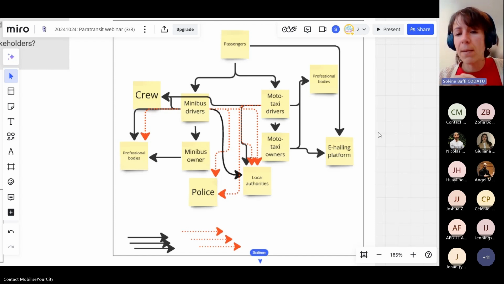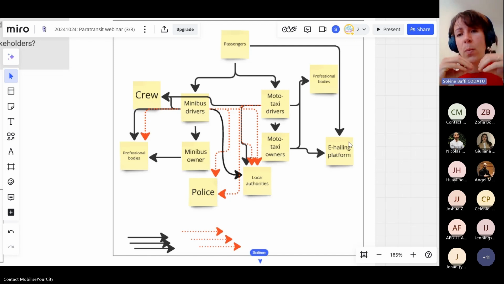And in a nutshell, we're being very schematic in the way we are representing those interactions this morning. This is just to give you an idea of the type of questions that can be asked when trying to understand how an ecosystem of actors is working. Before trying to address any issue in the paratransit sector, it's fundamental to understand who the key players are and what the connections between them are.